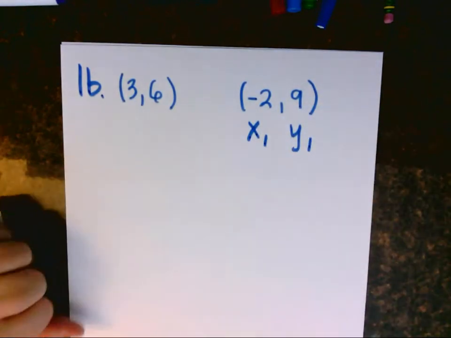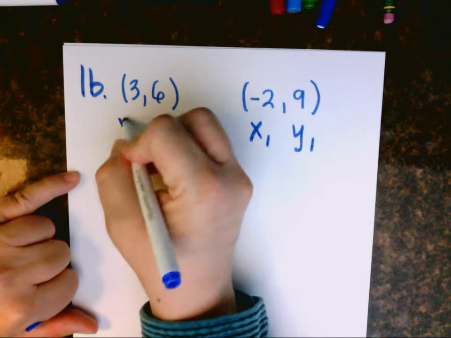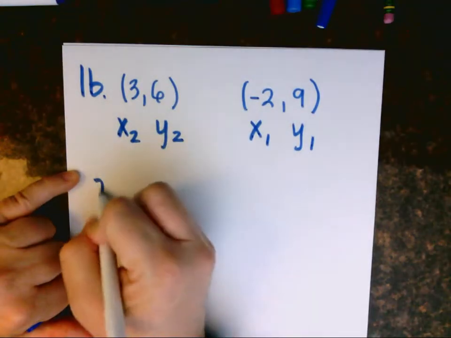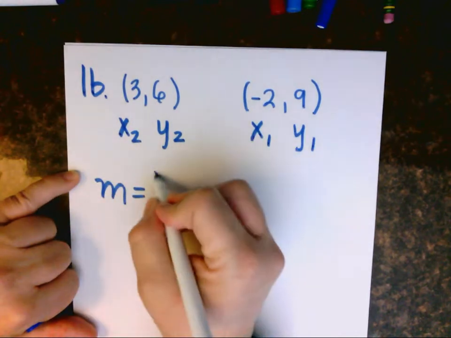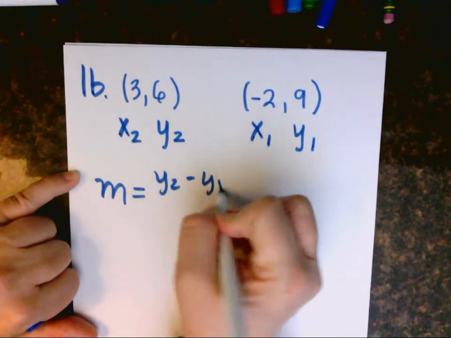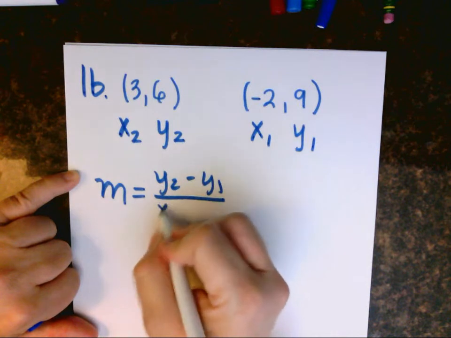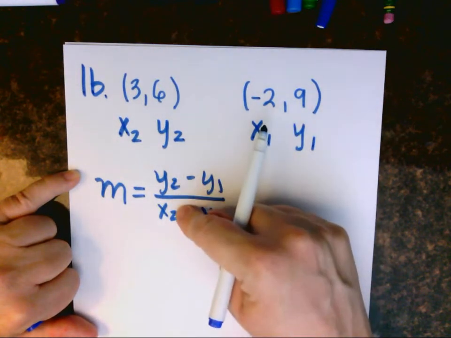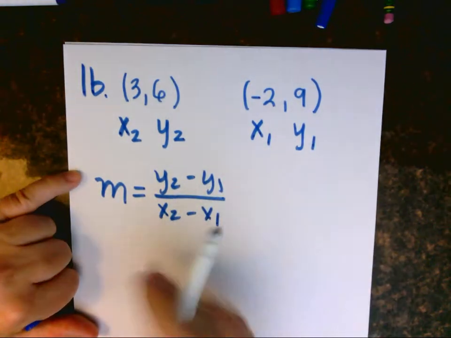It doesn't matter. One point is your first point, and this is going to be my x2, y2. All right, so I use my formula y2 minus y1, subtract the y's, over x2 minus x1, subtract the x's. Notice that they have to both start with 2 or both start with 1. They have to be lined up here.